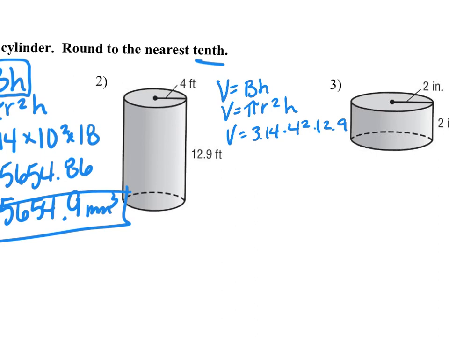Once you plug that in, make sure you square this every time. So it's 4 times itself, which would be 16. Okay, and I got 648.424, which would just round down to 4. And then we would do feet cubed.